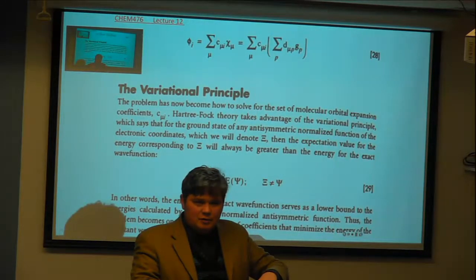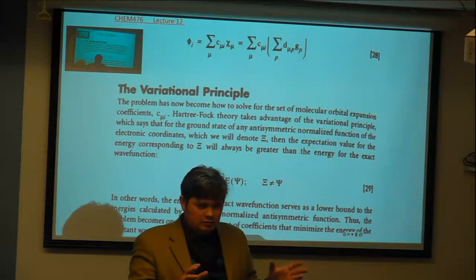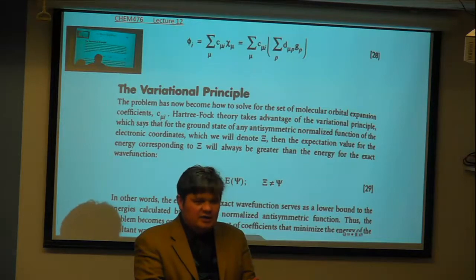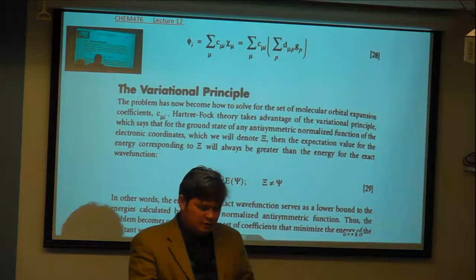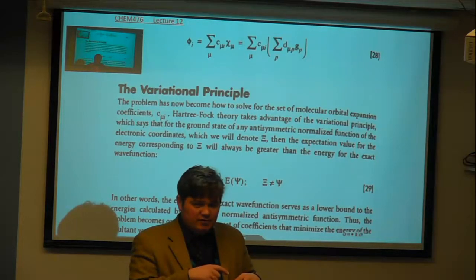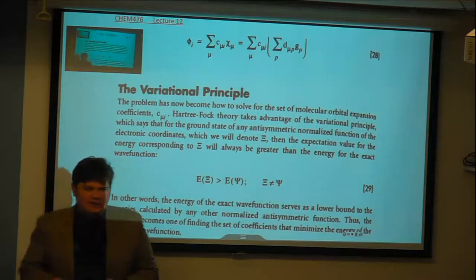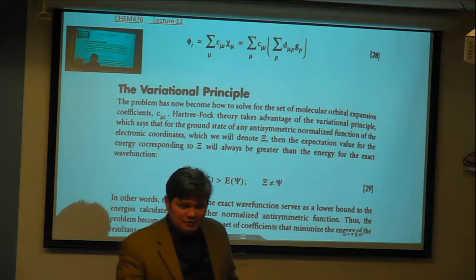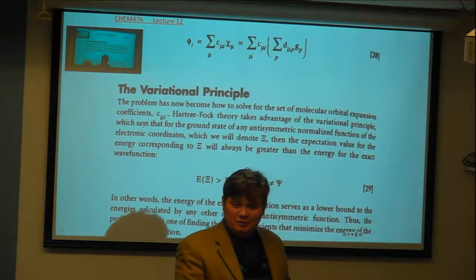So if we know the exact wave function, if we know that it does exist, we know that it is a minimum of energy, and we know that it is not changing, then any update to the shape of the wave function will increase the energy. So if you want to sound fancy, if you take the functional derivative of the total energy with respect to variation of the wave function, you'll find a minimum.